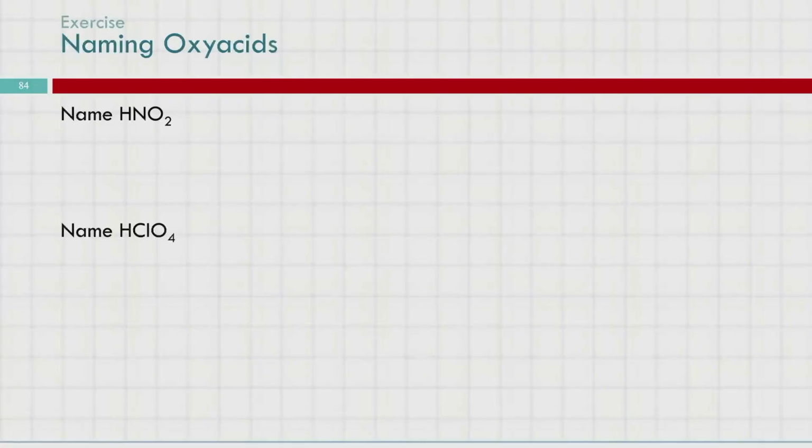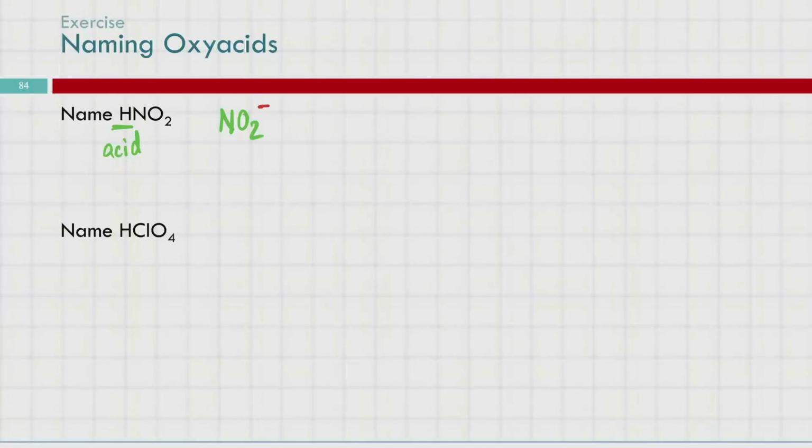All right. We've got some oxyacids to name. First up, we've got HNO2. How do we know HNO2 is an acid? It's got H in front. Bingo. H in front means it's an acid. And then the other part is NO2. We could also deduce that it's a 1 minus charge.